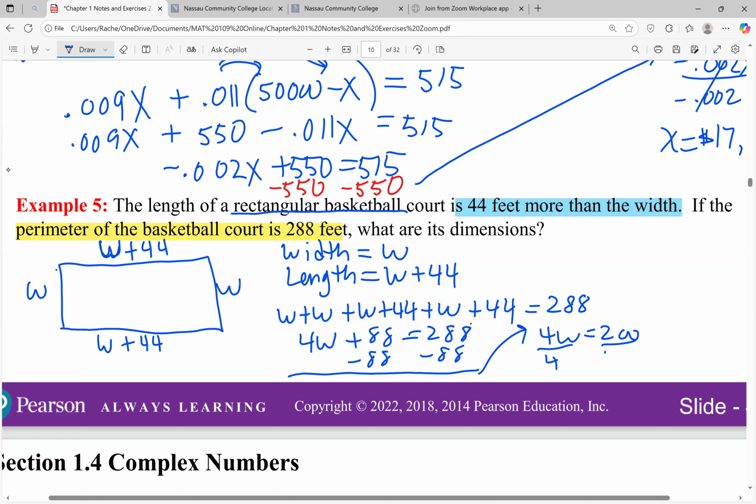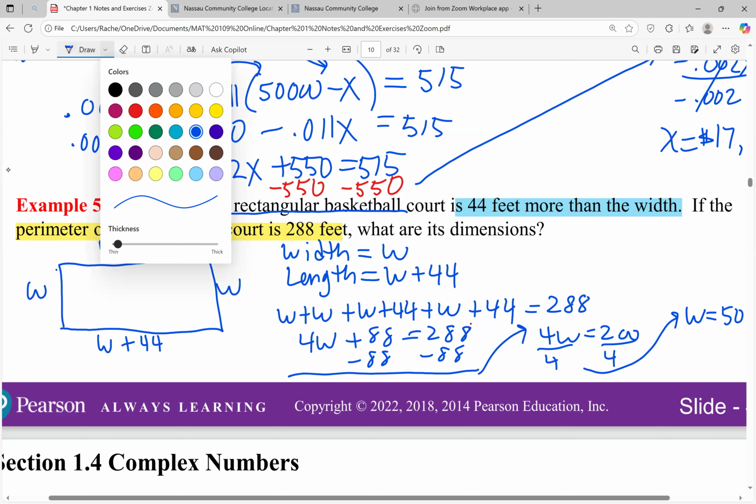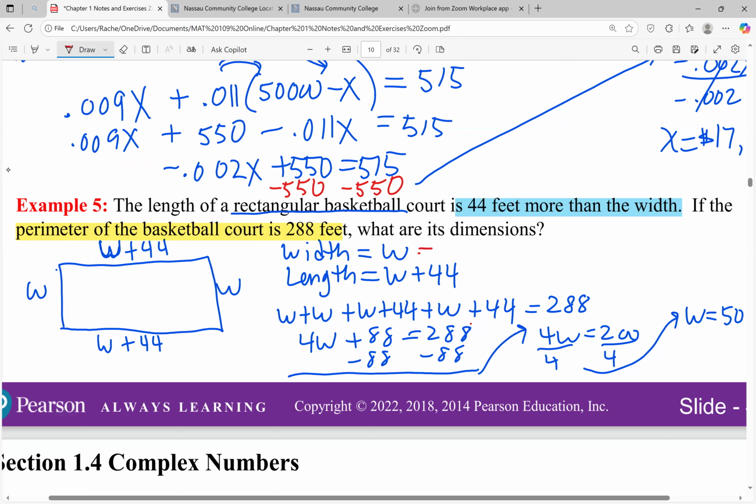Now divide by 4. And we're going to get W is equal to 50, right? Because 50 times 4 is 200. So that means that the width of this rectangle, right, because that's W, is 50. And then the length is the width plus 44, 50 plus 44, which is going to be 94. And we're in terms of feet. So we have 50 feet and 94 feet.